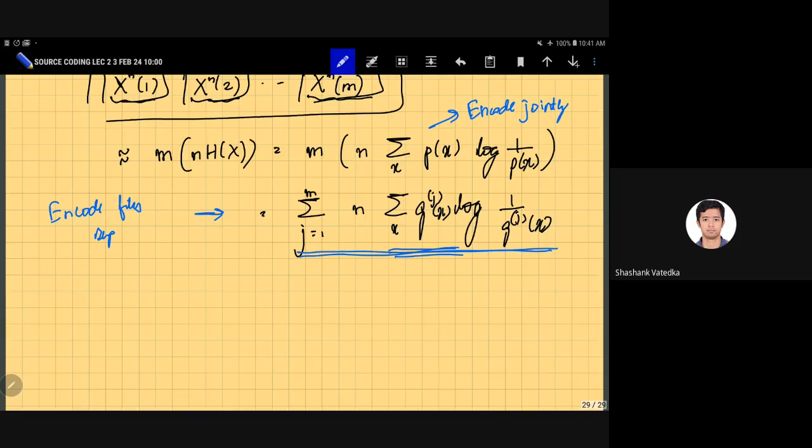If we chose q of x to be p of x, this would be the rate that we would achieve. Do you agree with this point at least? Yes.